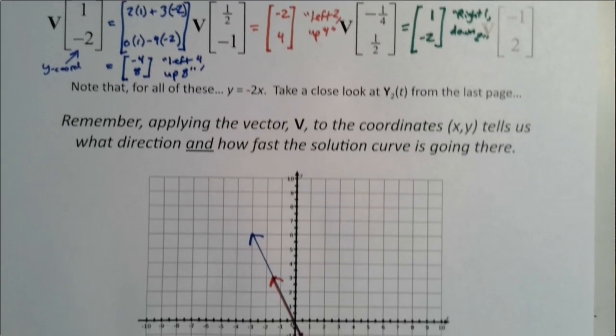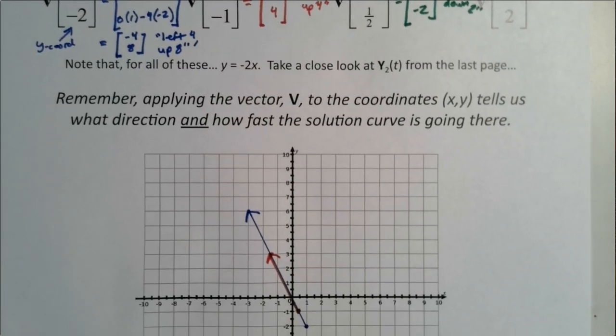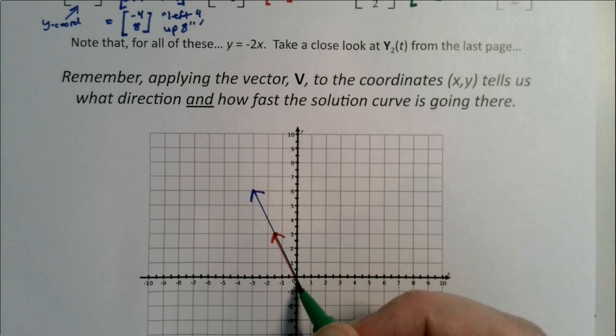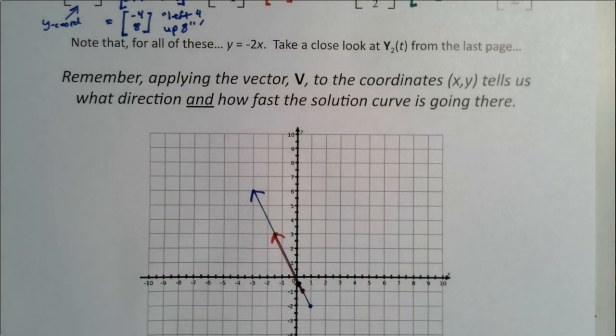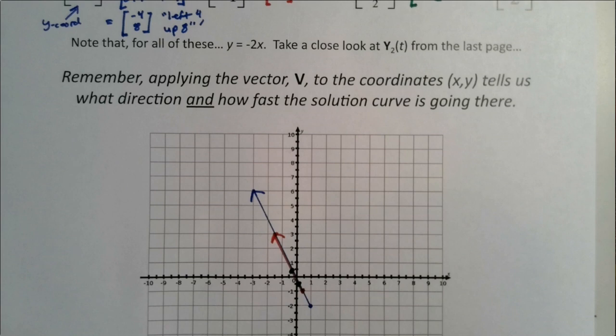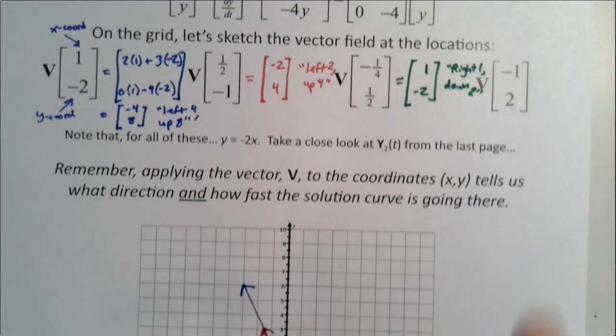My green marker is a little bit sloppier here, but it's going to get a little bit tougher to do, as you can probably imagine. At negative 1/4, 1/2, that's going to put me basically right about there. And this is saying go, oh, whoops, I did it wrong. Negative 1/4, 1/2 is going to put me right there. There we go. And it's telling me to go right 1, down 2.